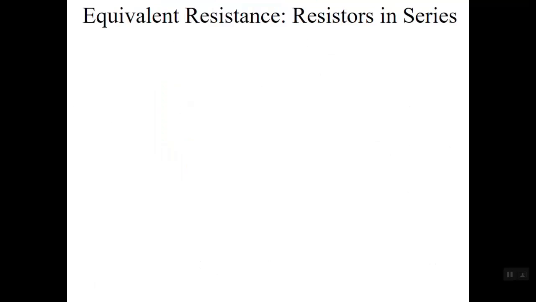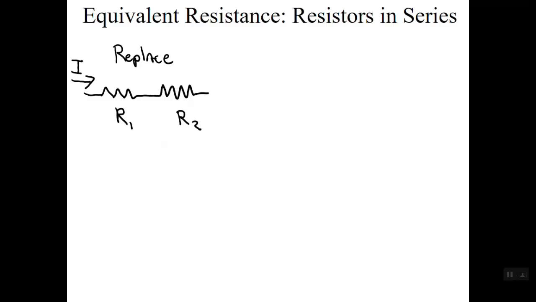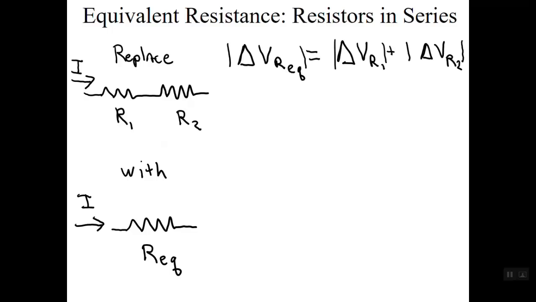So here we have two resistors, R1 and R2, in series, and we want to replace this combination with a single equivalent resistor, REQ, like this. Just to be clear, replace will mean that the potential difference across REQ will have the same magnitude as the total, the sum of the potential differences across both of the original resistors.